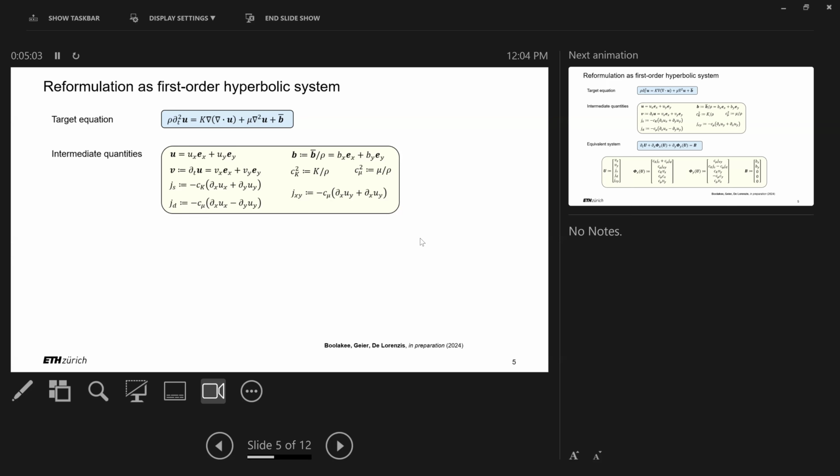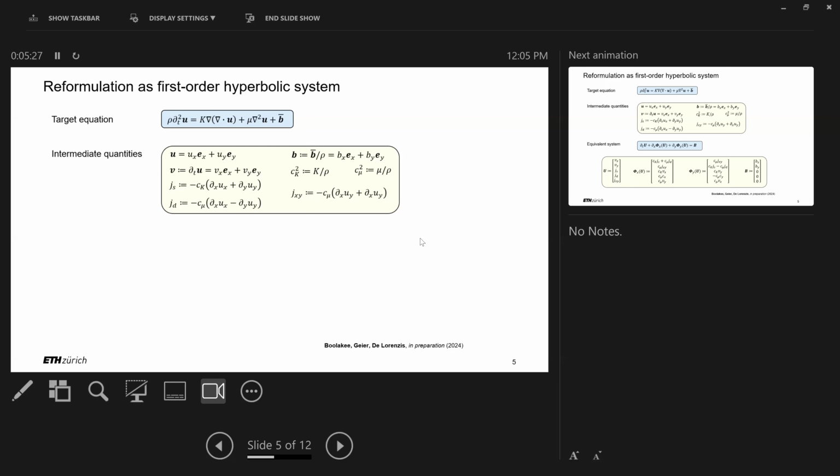The same then here, for example, for the velocity and also for our source term. And then also here, dividing the material parameters, shear and bulk modulus, by the density, we get these speeds here, Ck and C mu. And then we also introduce some other quantities, these Js, Jd, Jxy, which are sort of precursors of the Cauchy stress solution.